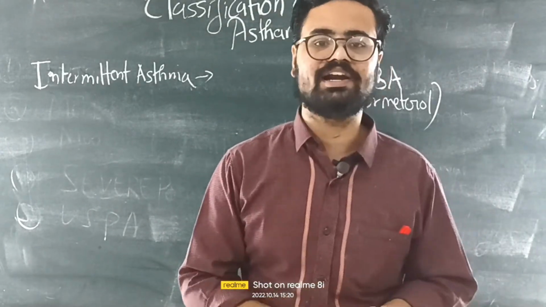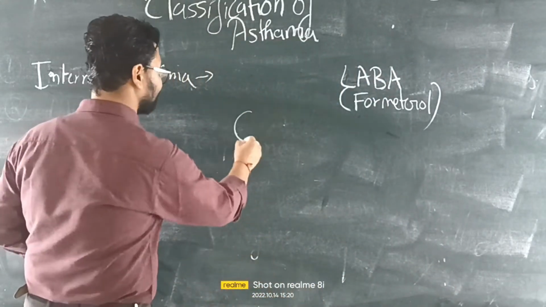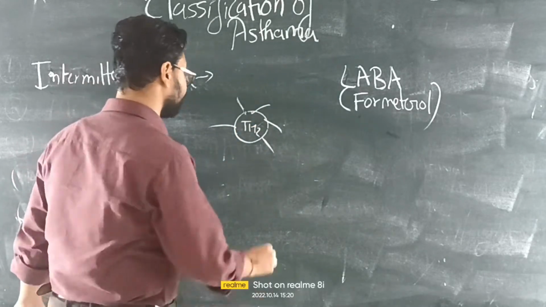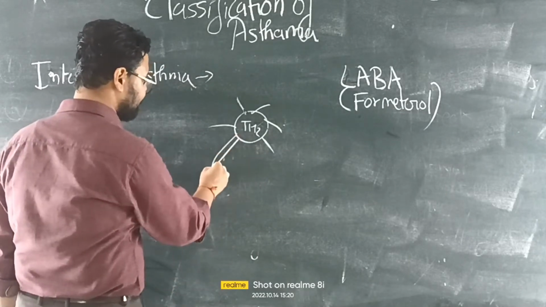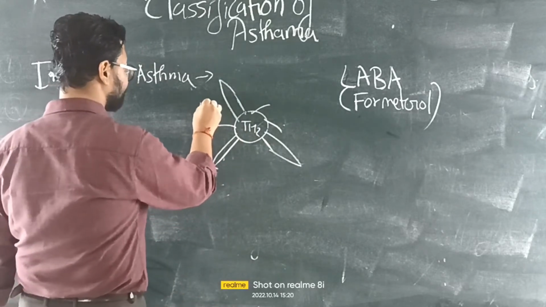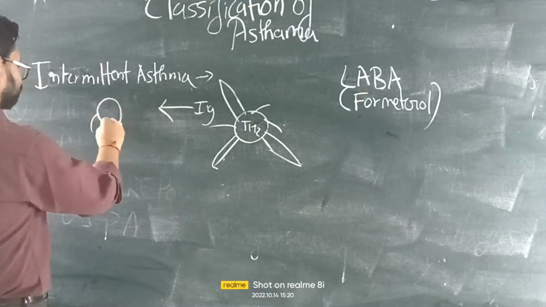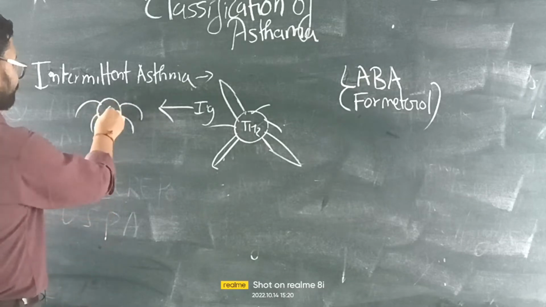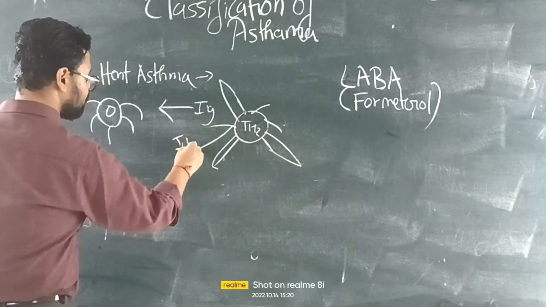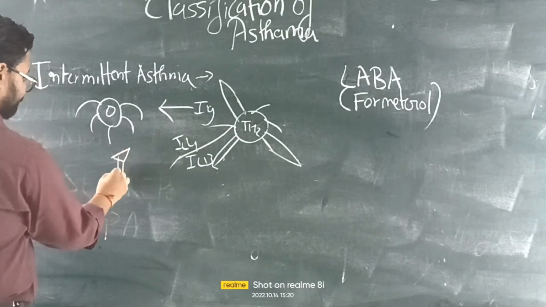For some time it will bronchodilate, but in the pathophysiology of asthma, I already mentioned the Th2 helper cells. These Th2 helper cells release various cytokines. Interleukin 9 produces mast cells, and interleukin 4 and interleukin 13 release IgE.